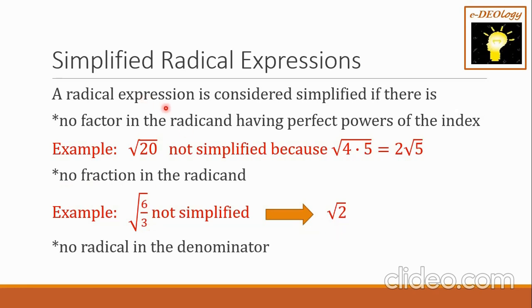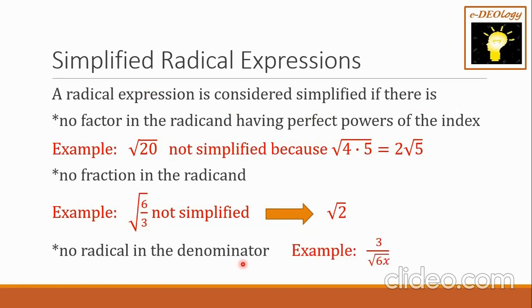A radical expression is considered simplified if there is no radical in the denominator. Example is 3 over the square root of 6x. As we can see here, we have a radical in the denominator.